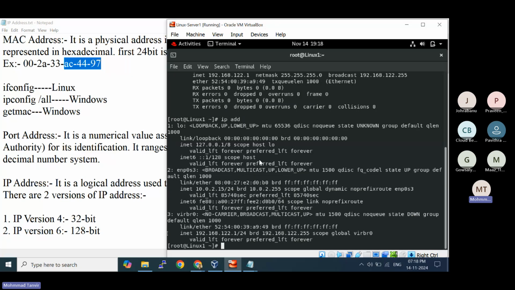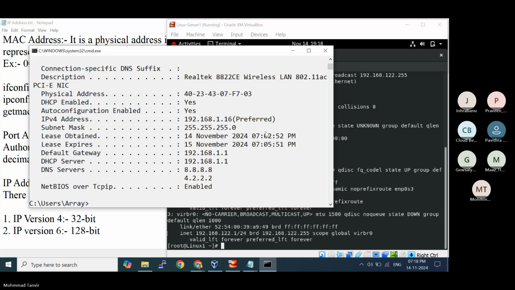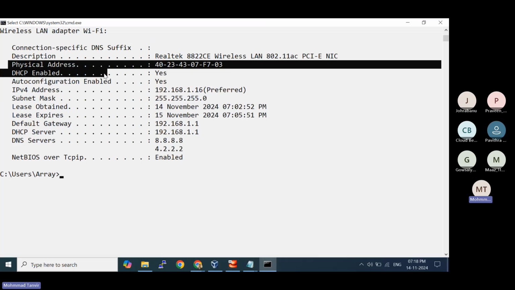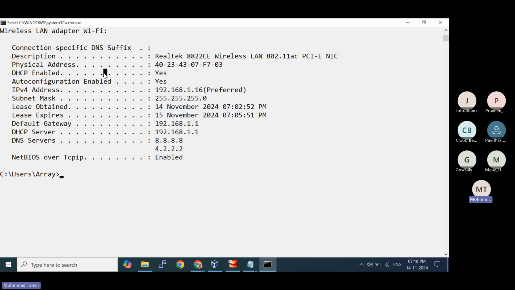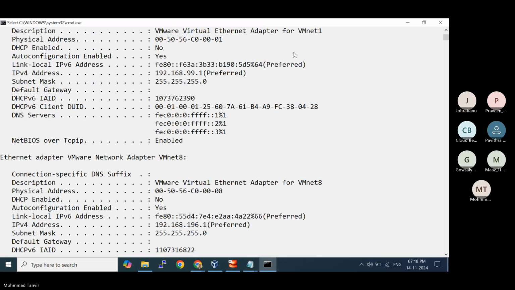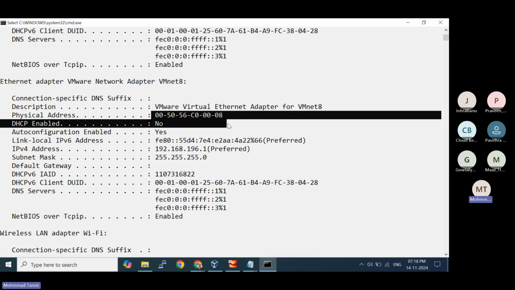Same if you want to check in Windows, we have ipconfig /all. When we use this command, like you see for Wi-Fi, this is the MAC address represented here as a physical address. Similarly, if you want to see another, you see the VMware net adapter, its MAC address is different.